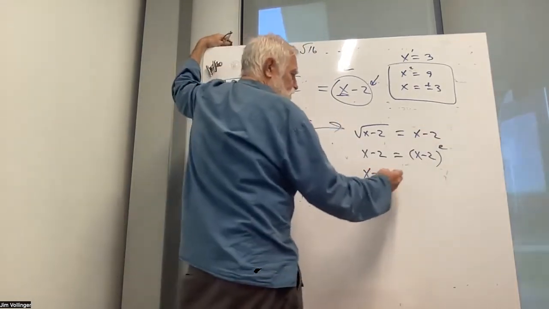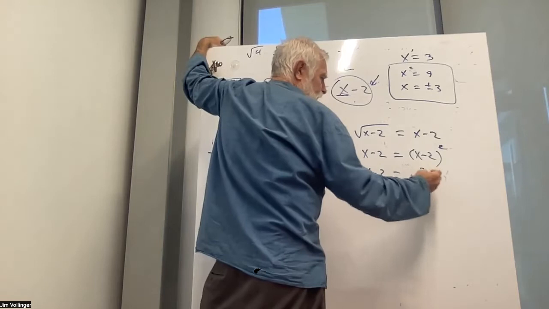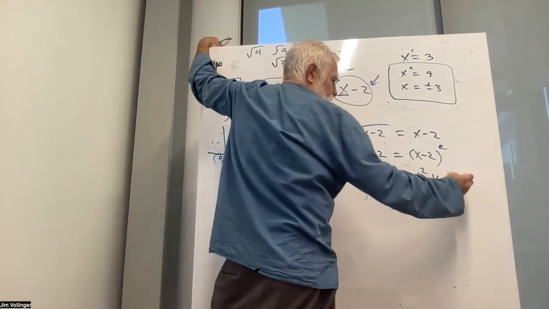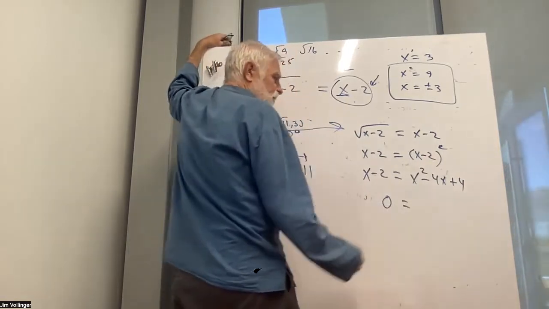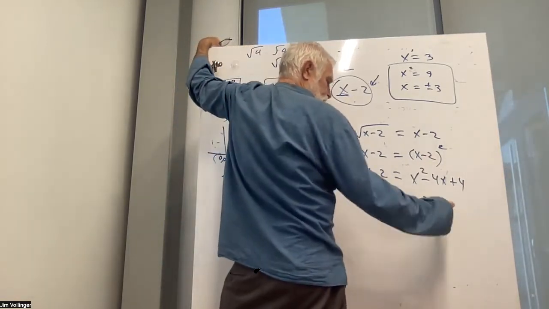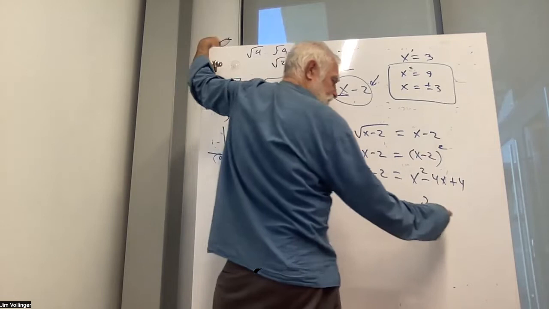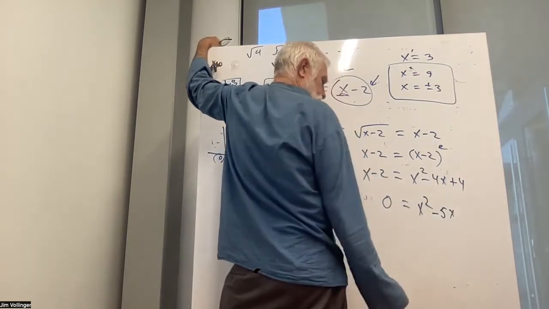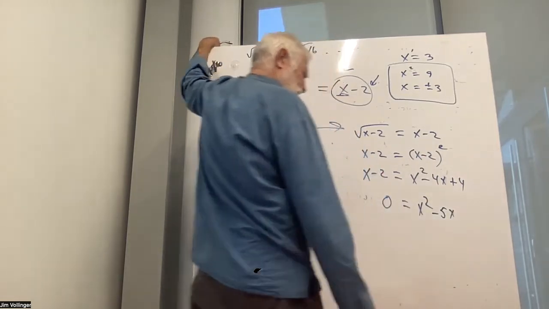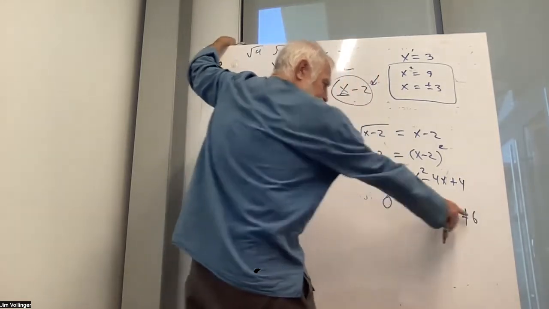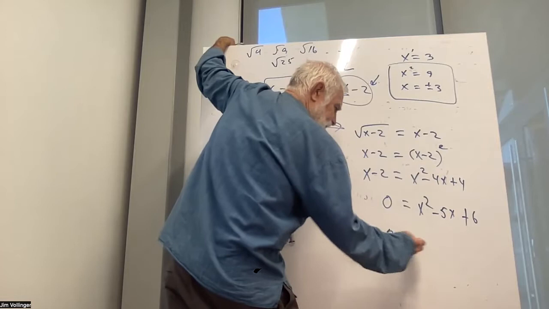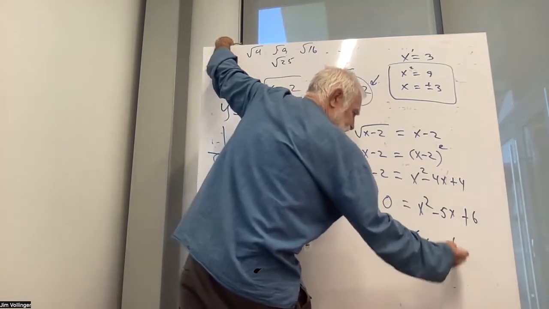All right, so we're squaring that, right? So x minus 2 equals, we've been squaring binomials, x squared minus 4x plus 4. Move everything to the other side because it's nice to get areas equaling 0 so you can factor. x squared minus 5x plus 6. Well, there's only one way to get a negative in the middle and a positive at the end, and that's an x minus times an x minus.